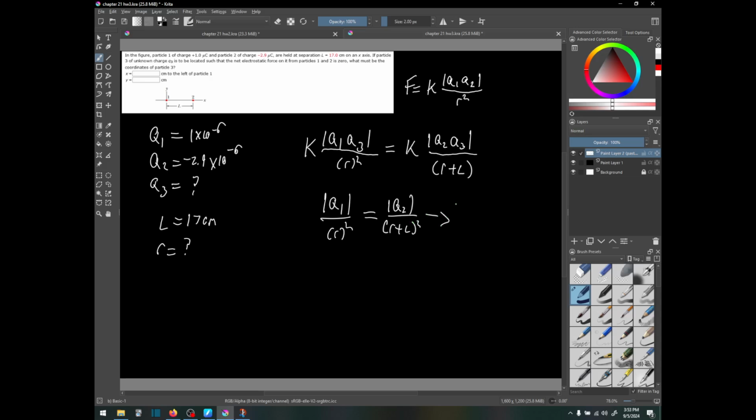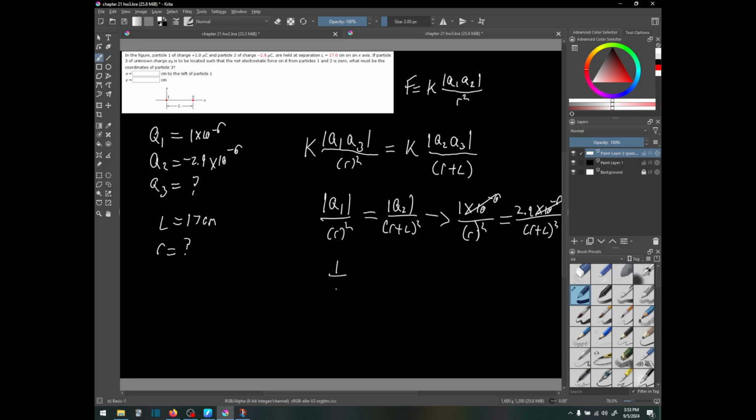Then plugging in those values, we get 1 times 10 to the negative 6 all over R squared equaling, actually because it's absolute value, just 2.9 times 10 to the negative 6 all over R plus L squared, and the 10 to the negative 6 on both sides can also be canceled out.